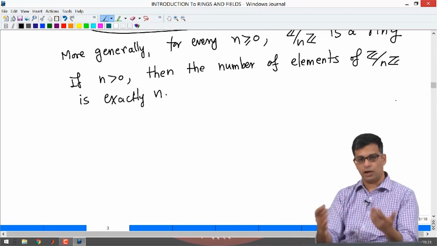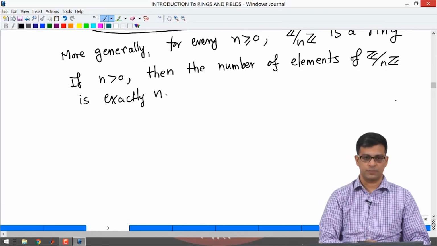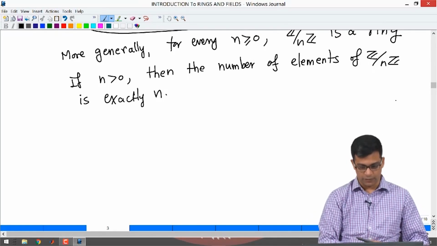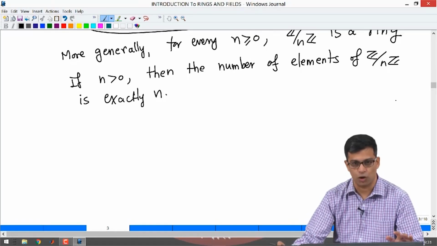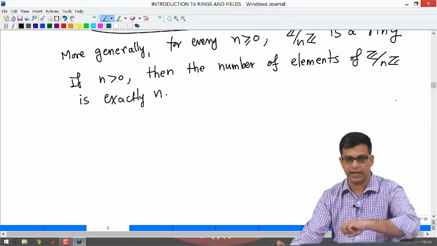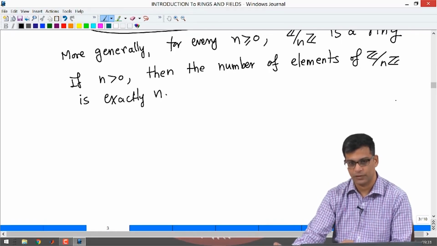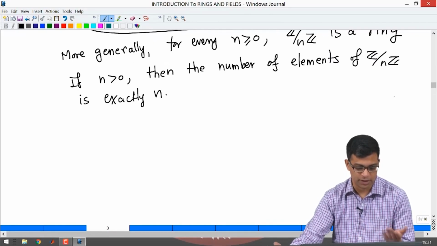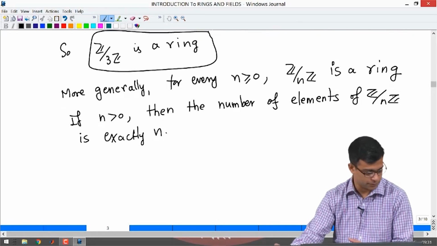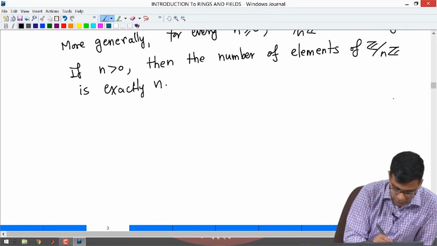And later on, once we start talking about homomorphisms of rings and some other properties of rings, you will see that whenever n is positive, Z mod nZ cannot be realized as a subring of C. So, these are examples of rings that are not subrings of C. I will remark on that here, and we will discuss this later.